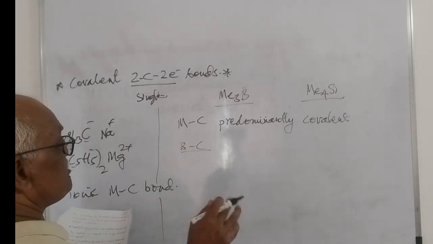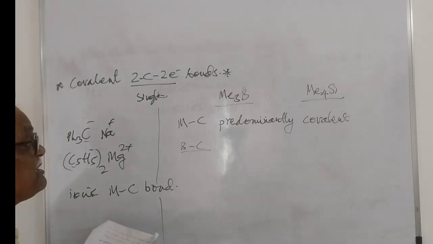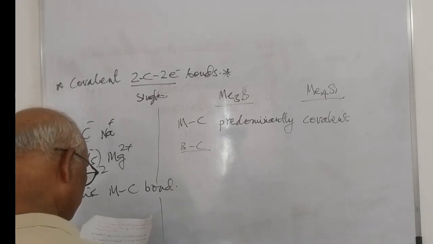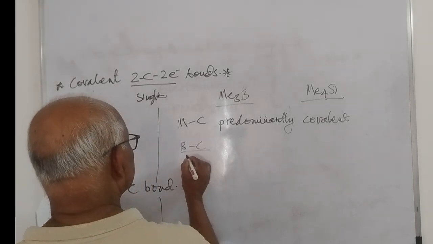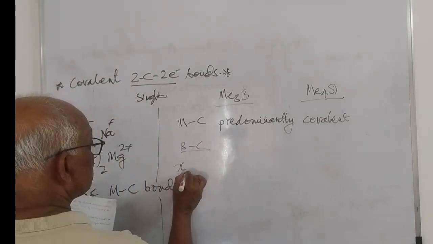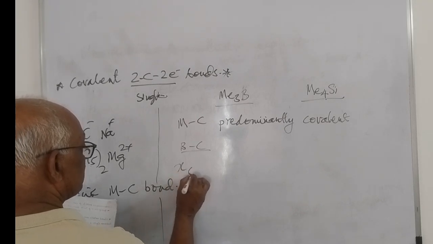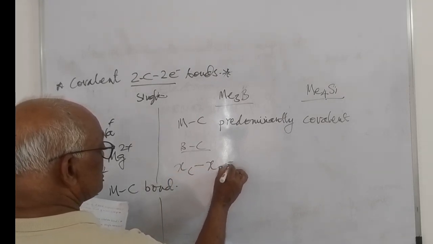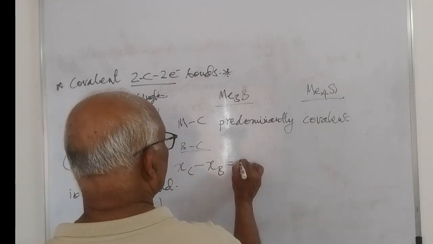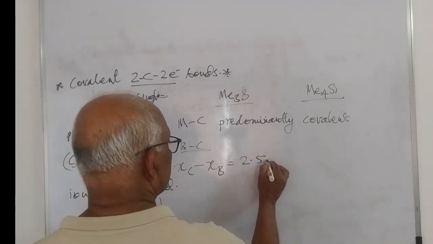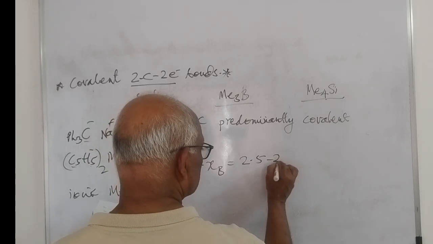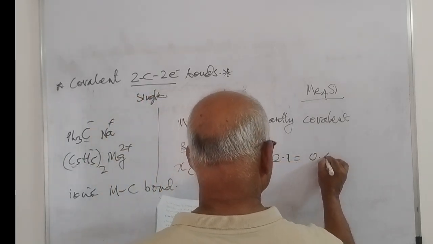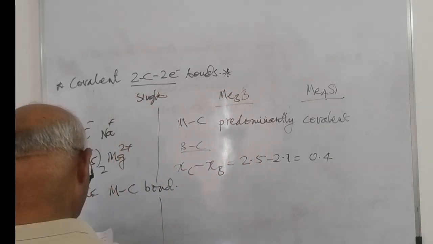Then if we look at the electronegativity, meaning why it is covalent, we will discuss that here. The electronegativity, represented by X, of carbon minus the electronegativity of boron is 2.5 minus 2.1, and it gives 0.4.